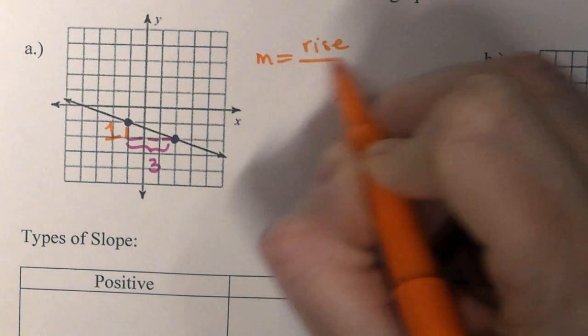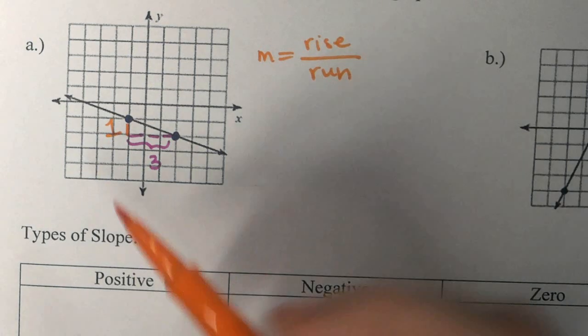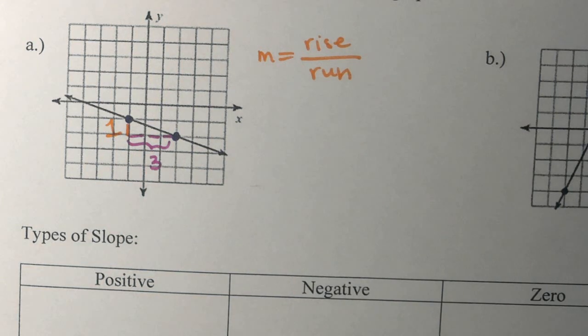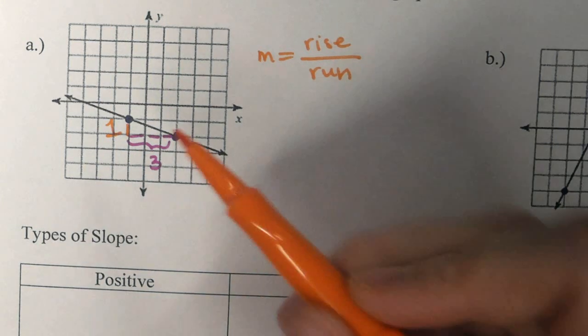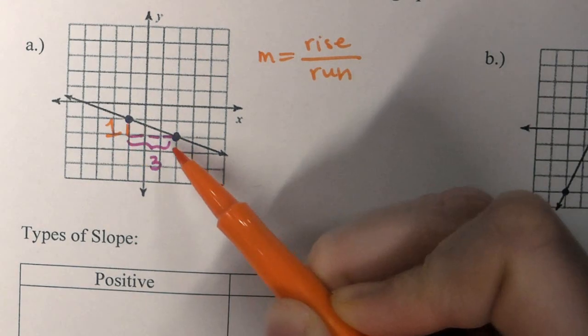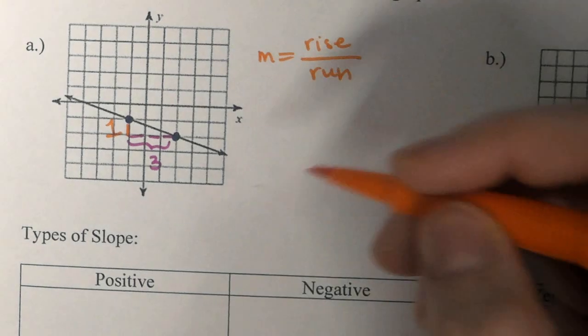Anytime you're doing the graph, you're going to do the rise over the run. From here to here, did we go up or down? We went 1 unit down, and then 3 units to the left.